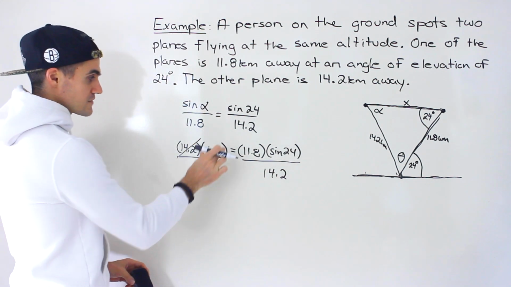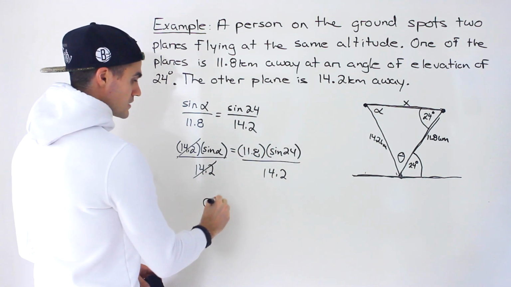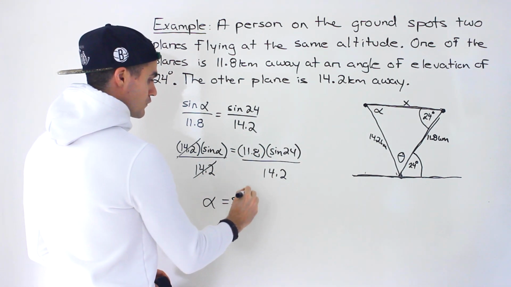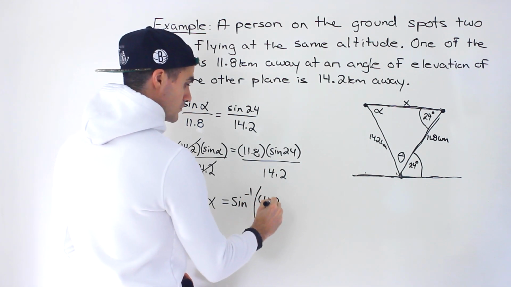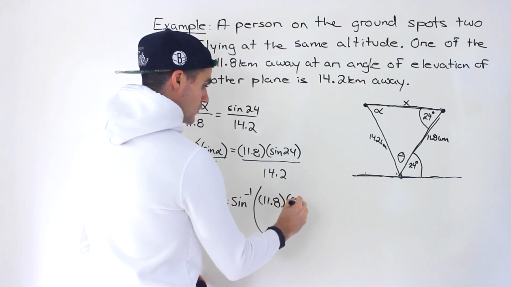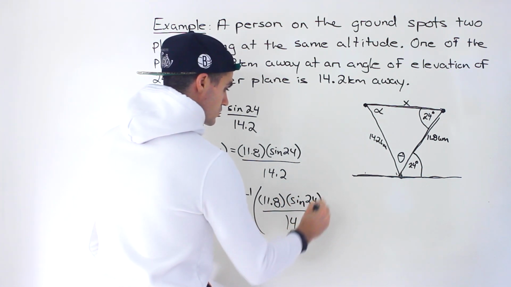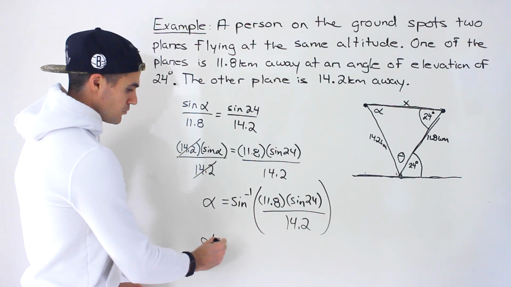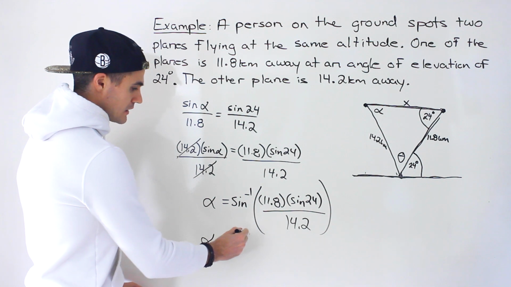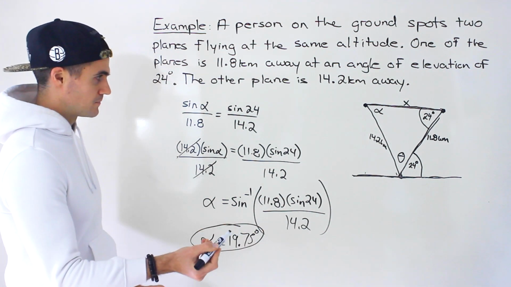So sine of alpha is equal to this, and if we want to get the alpha on its own, we would do sine inverse of this entire ratio. So we'll do 11.8 times sine of 24 over 14.2, like that. When you do that calculation, what you would end up with is the alpha angle being 19.75 degrees approximately.